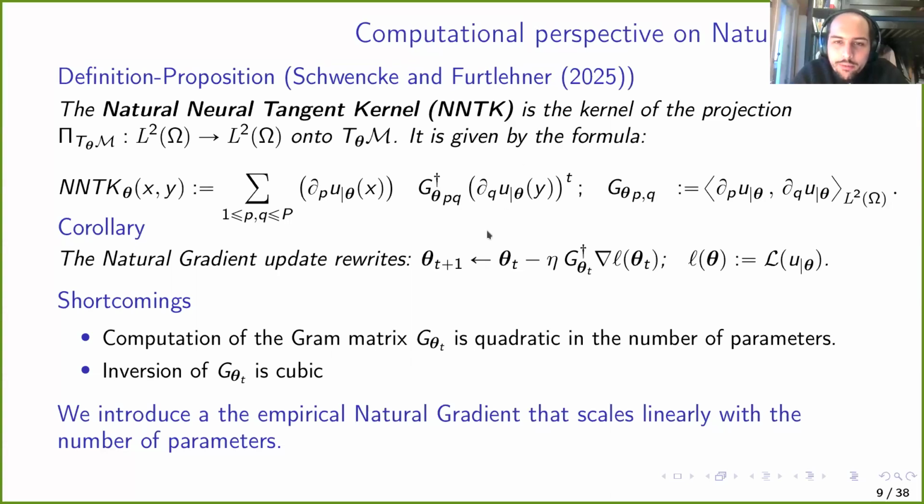The numerical interpretation is that the Gram matrix really measures the conditioning of your system, and when you invert it, you are precisely killing the conditioning of the system. So the system becomes perfectly conditioned.